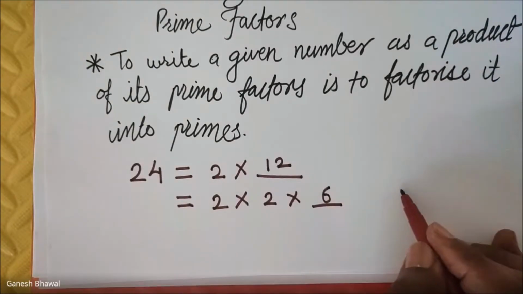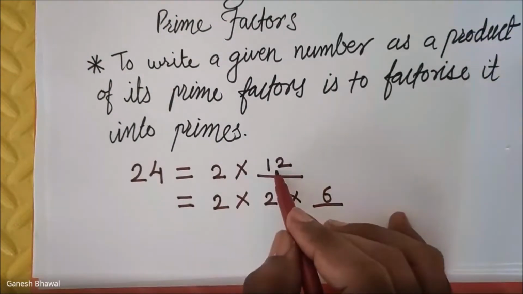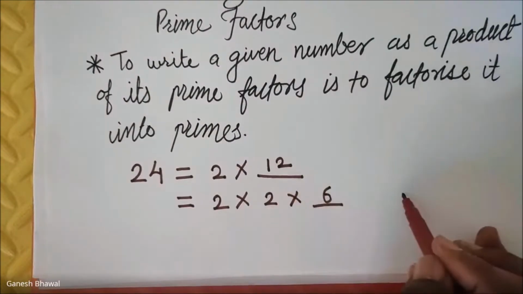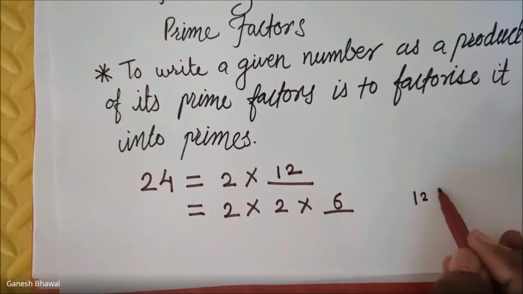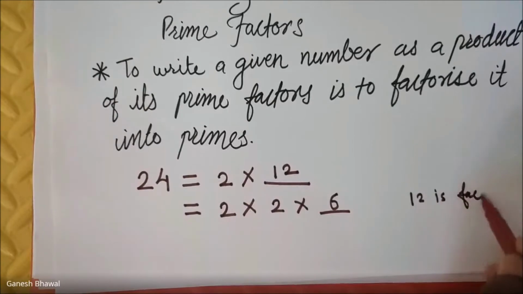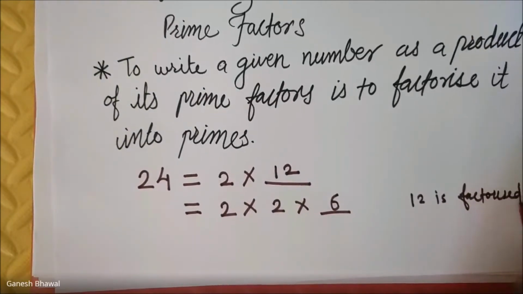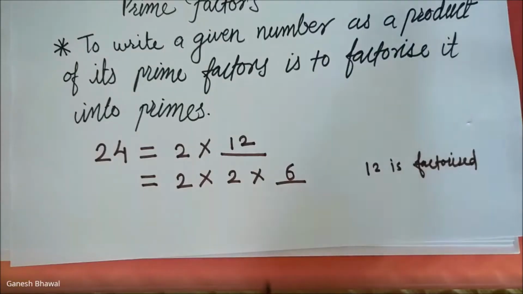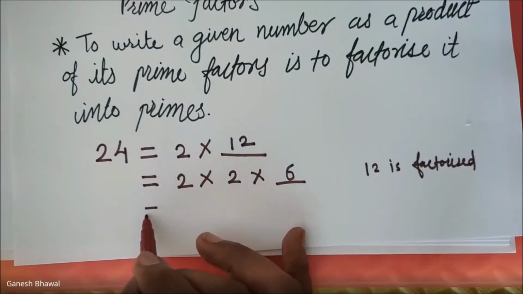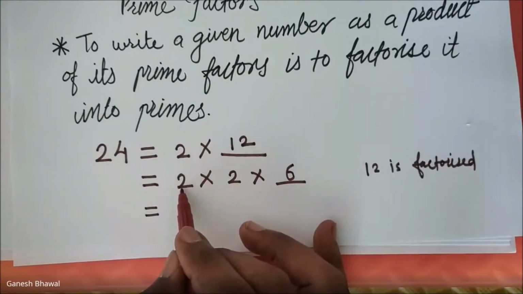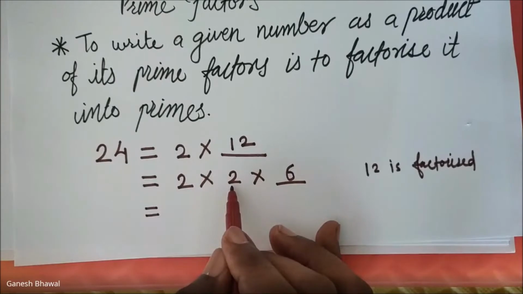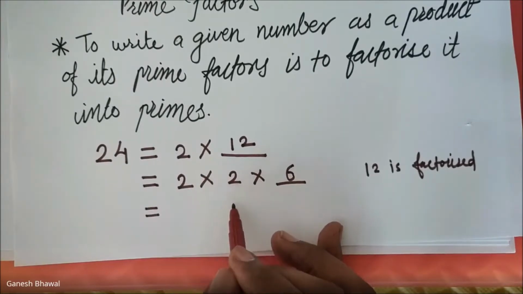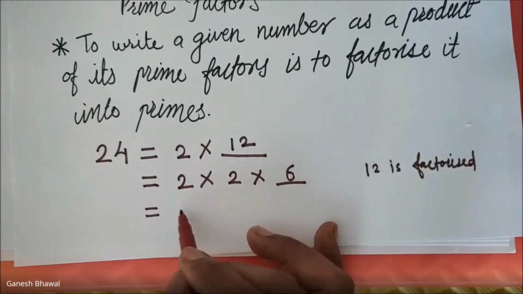Here you have to raise the question: what have we factorized here? 12. 12 is factorized. Third step, these 2 and these 2 we have to take as it is down.